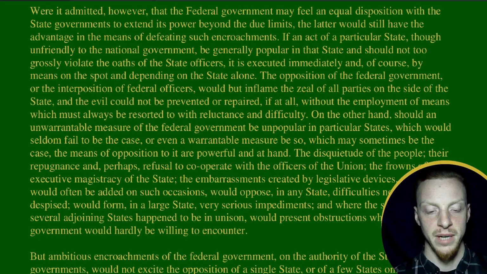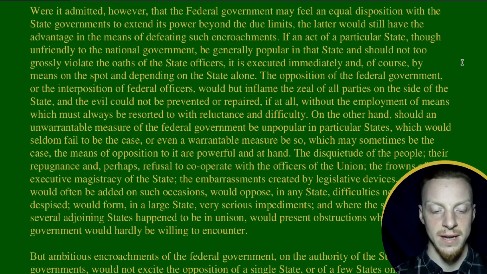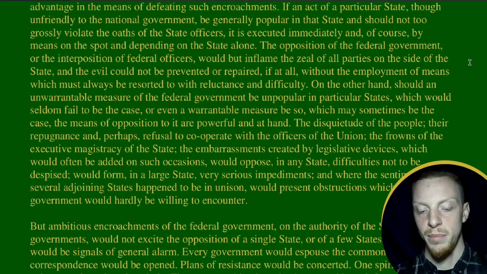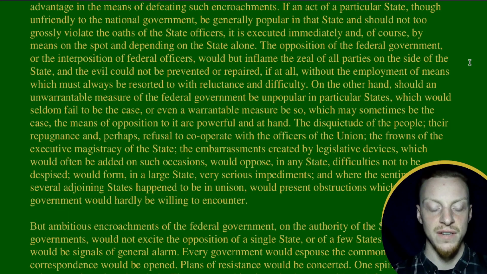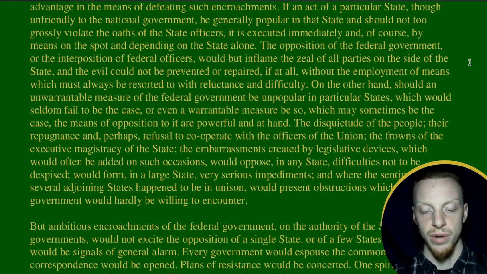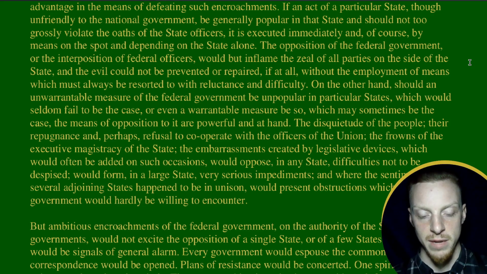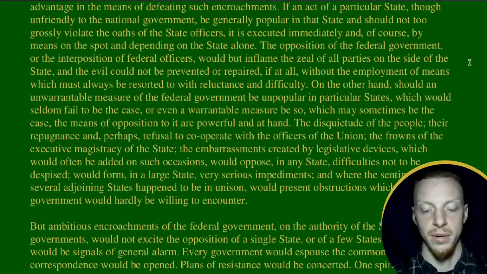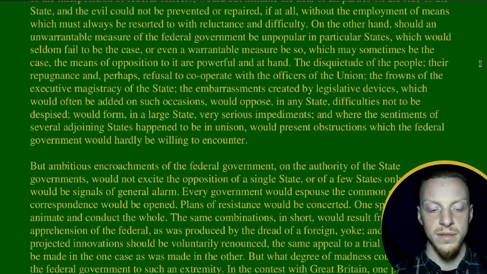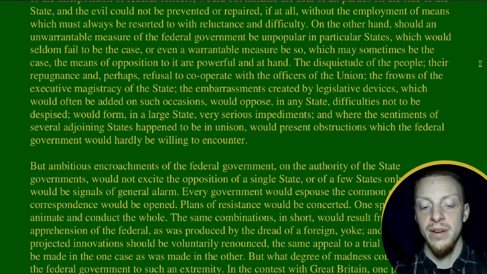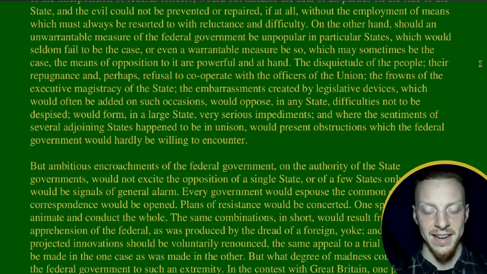The opposition of the federal government or the interposition of federal officers would but inflame the zeal of all parties on the side of a state, and the evil could not be prevented or repaired, if at all, without the employment of means which must always be resorted to with reluctance and difficulty. On the other hand, should an unwarrantable measure of the federal government be unpopular in particular states, which would seldom fail to be the case, or even a warrantable measure be so, which may sometimes be the case, the means of opposition to it are powerful and at hand.